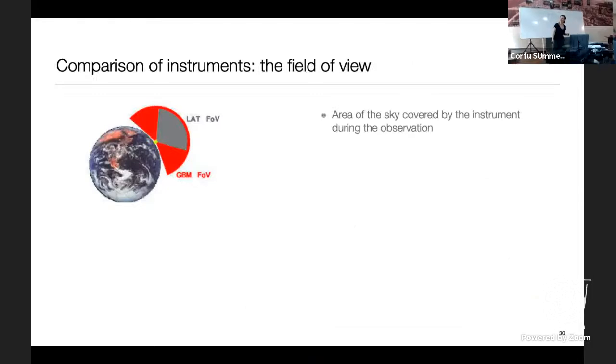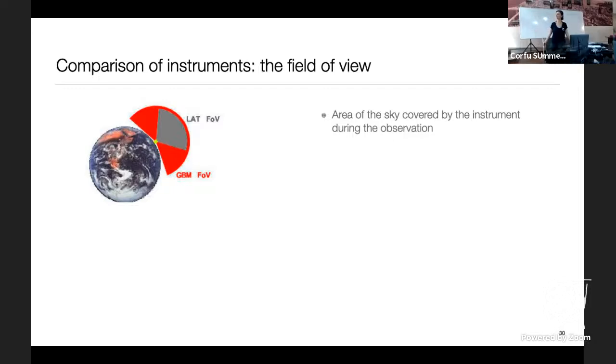The field of view of an instrument is its ability, how much sky it can cover at the same time. It's also extremely important, for this kind of science in this case. If you want to monitor the sky, for example, and see gamma rays, you never know where they come from. So you need to look at as much sky as possible. That is your field of view.